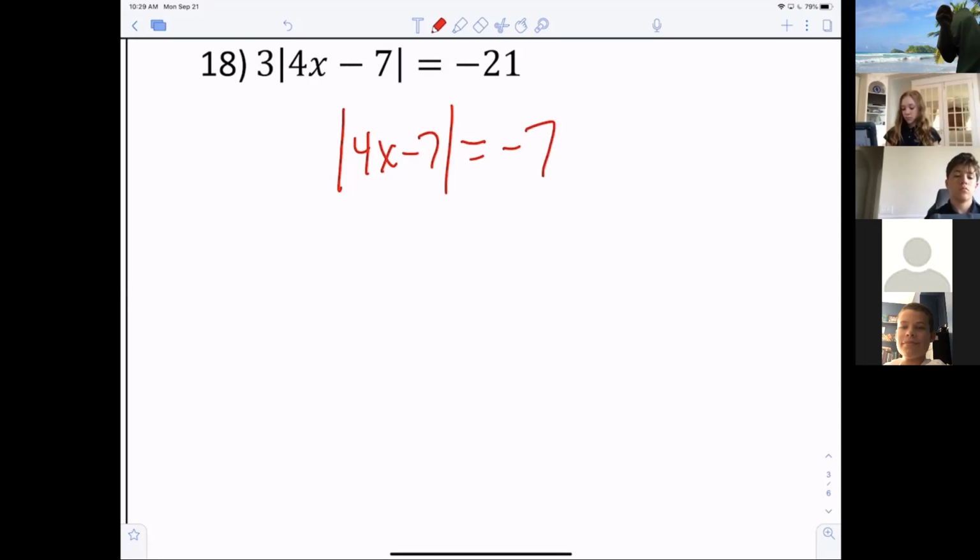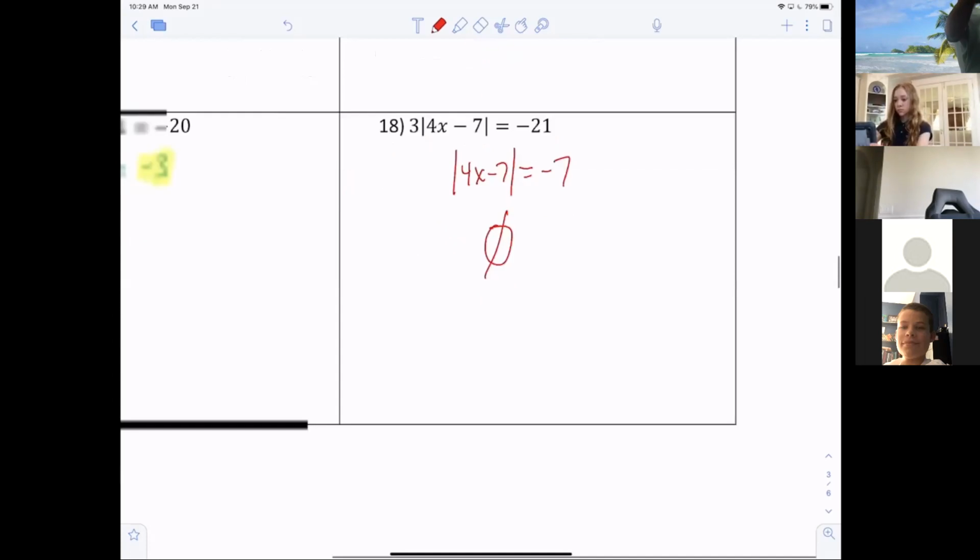Can the absolute value be negative? No. Again, you're going to make a mistake on the test. Some of you, if you don't check to see if it's negative, are going to write out all the equations and do all that work, and then realize that was kind of dumb. Absolute value cannot equal a negative, so automatically no solution.